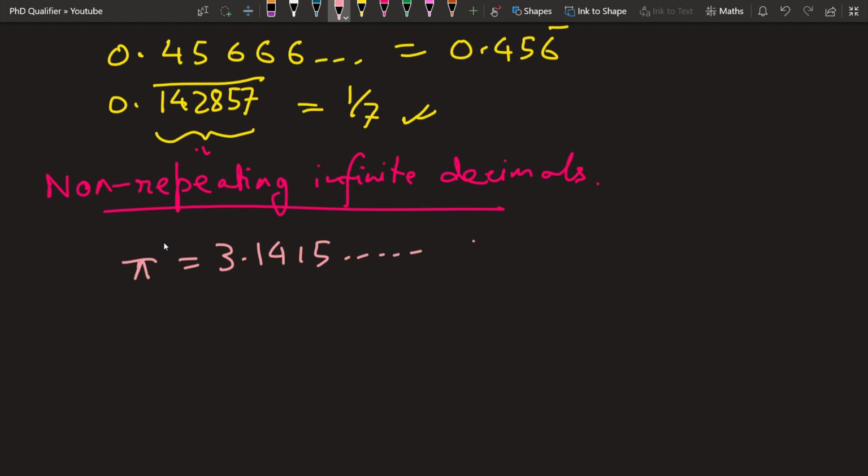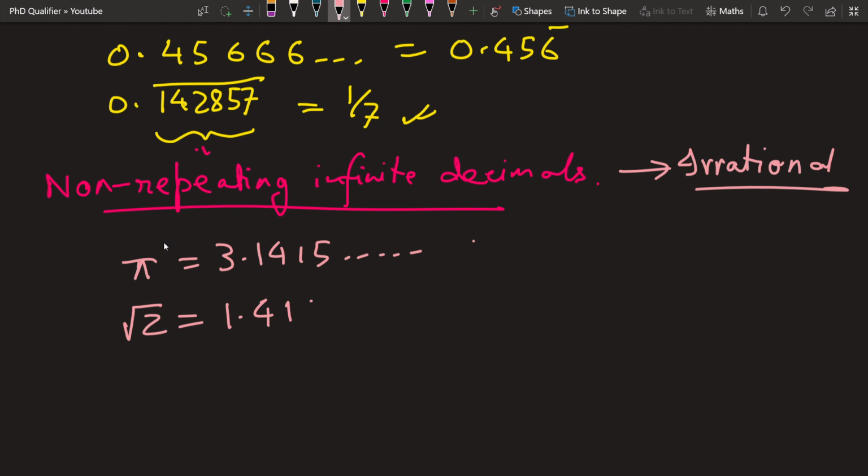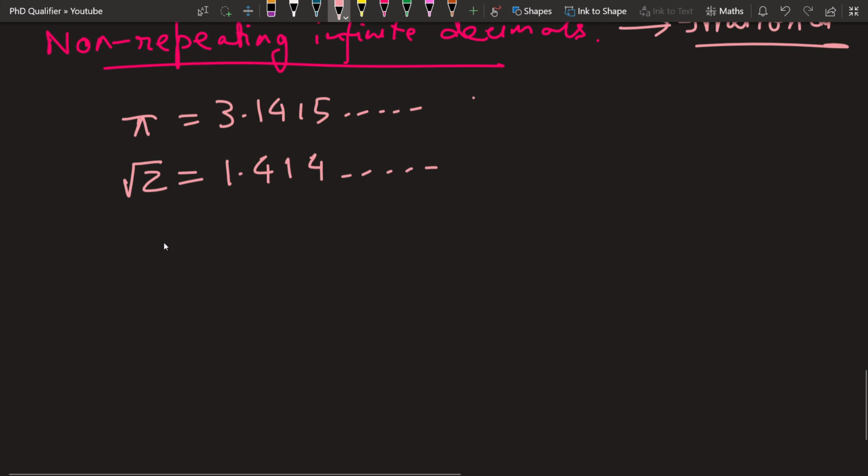This is irrational. So these are irrational, and these fall under the real numbers. And root 2, for example, the square root of most non-perfect square integers will fall under this category. Square root of any non-perfect square falls under this category. And others like e and the golden ratio.